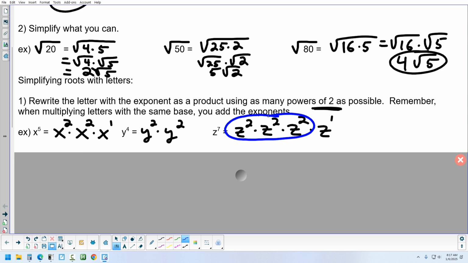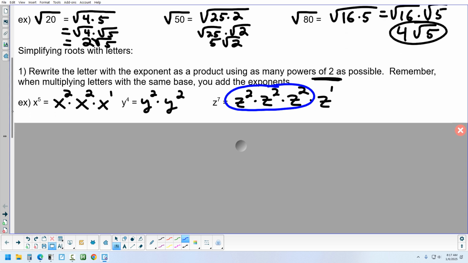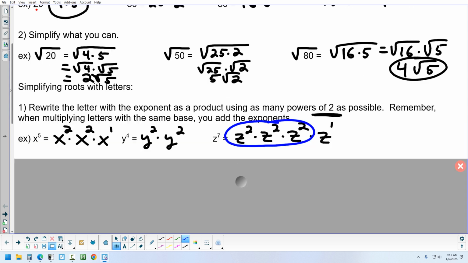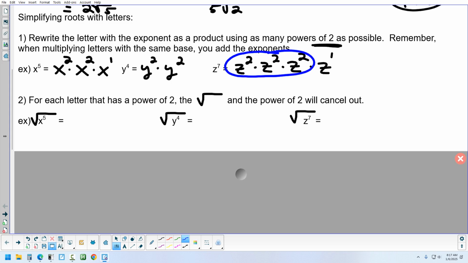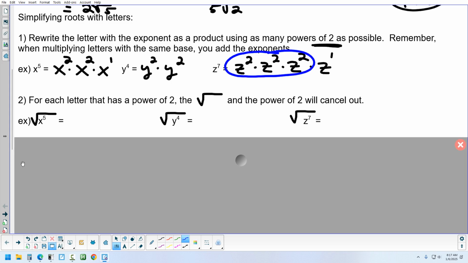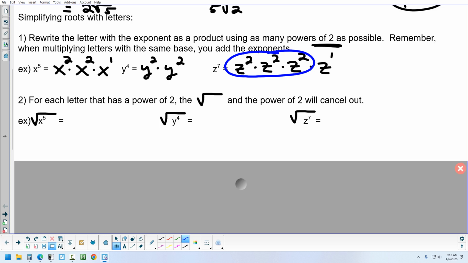Okay, so now let's look at the last step. You break it up, just like we did up top. Now, for each letter that has a power of 2, like all the ones I circled in blue, the square root and the power of 2 are going to cancel each other out. Let me show you on the first one. Write down first what we had up above.